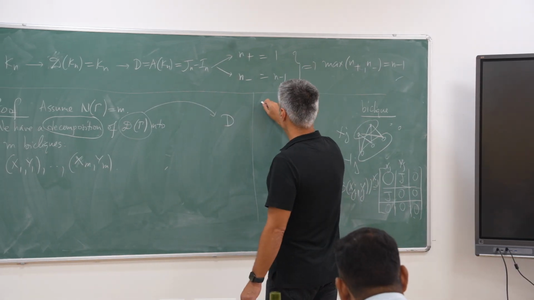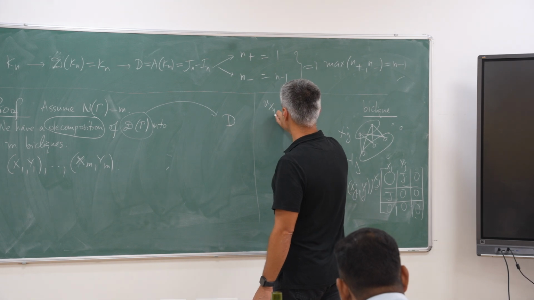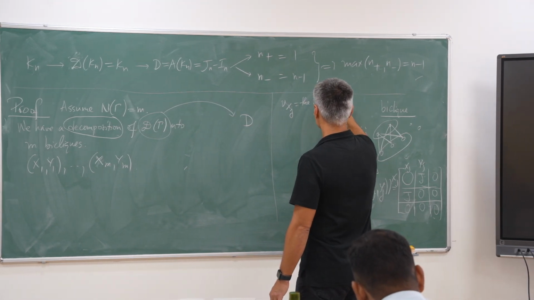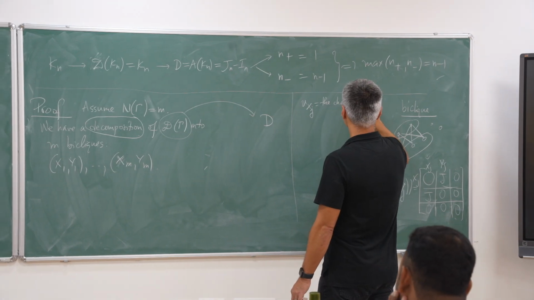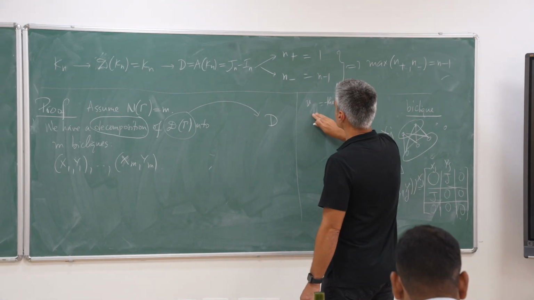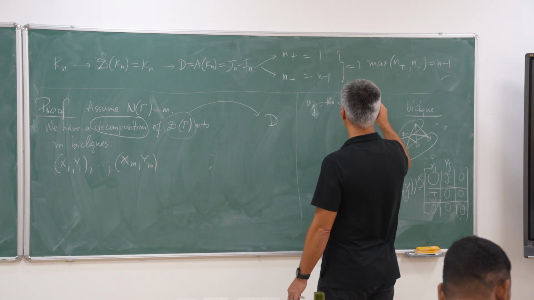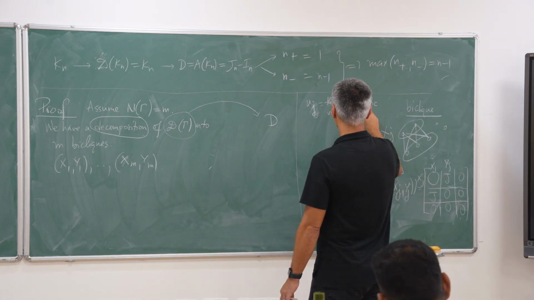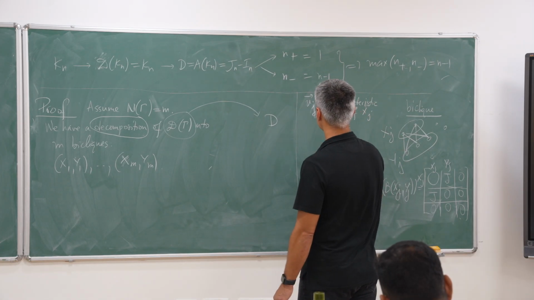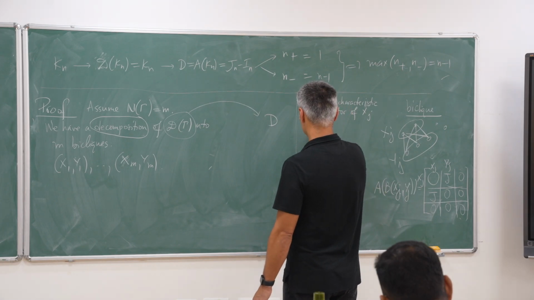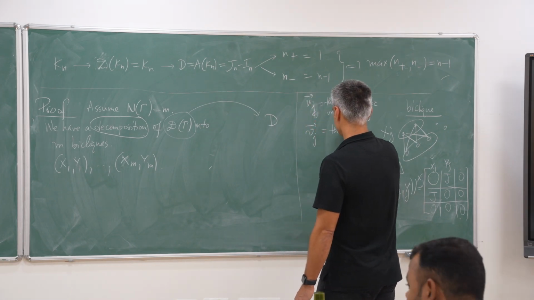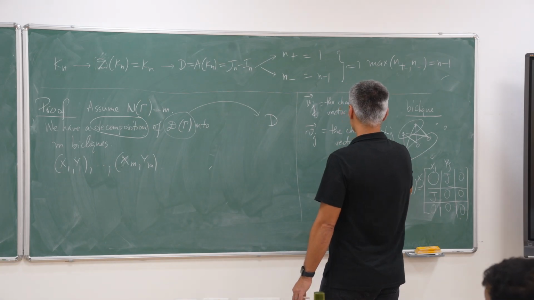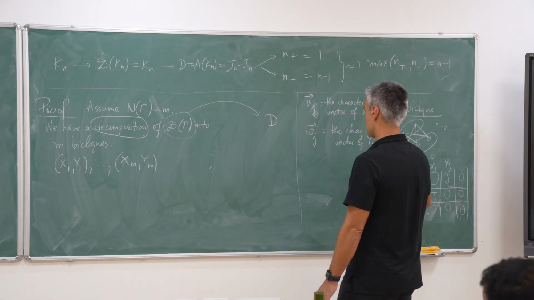Let me call uj the characteristic vector of xj, and vj the characteristic vector of yj.